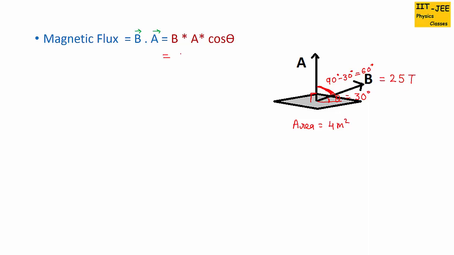B equals 25 Tesla, A equals 4 meter square, and theta equals 60 degrees. You need to be extra careful about the angle theta, as sometimes the angle is given from the horizontal, so you have to subtract that angle from 90 degrees to get the angle between A and B. This will give us 100 times cos 60 degrees, and that will give us 50 Webers.